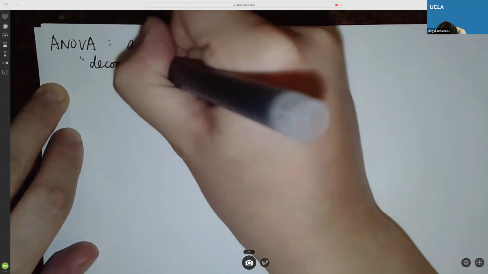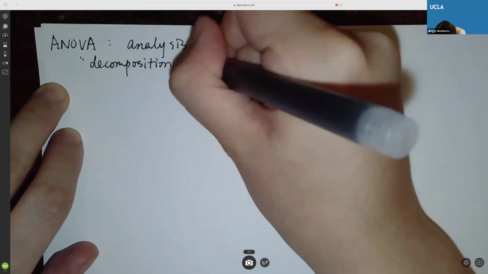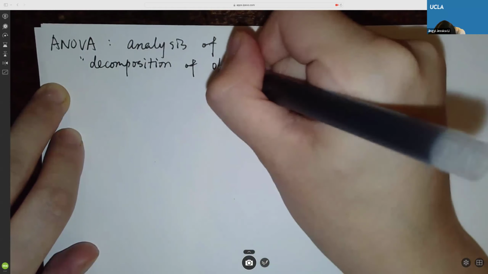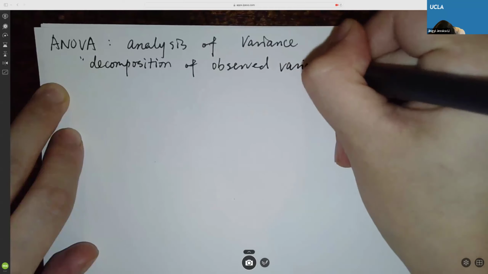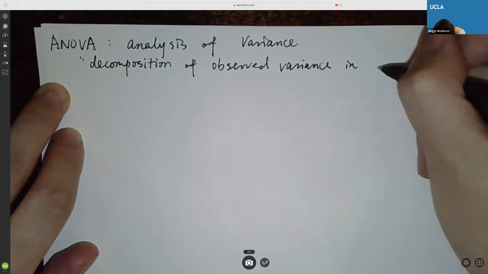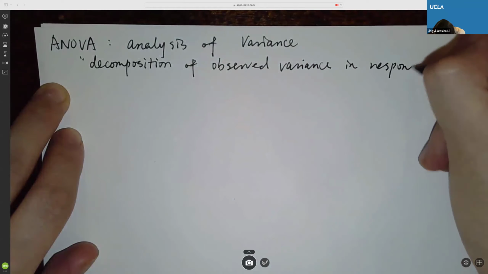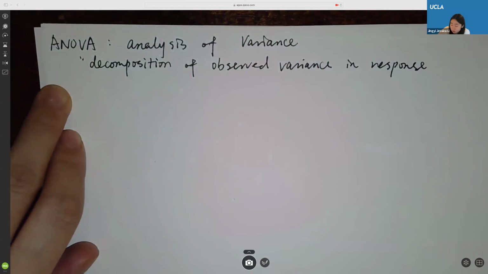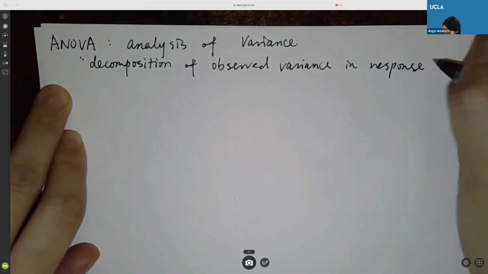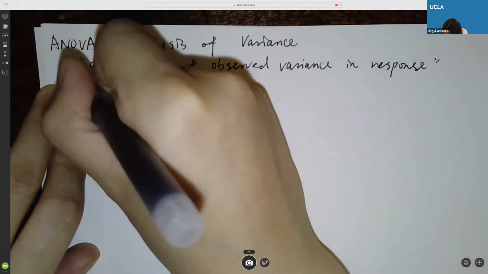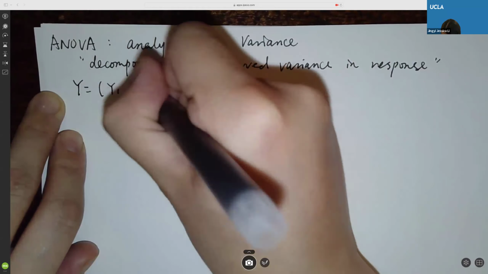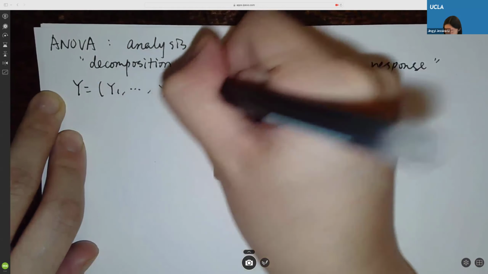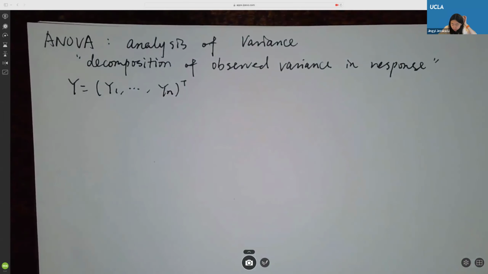Decomposition of observed variance in response. And our response is written as y, right? So recall that our y is this vector y1 to yn, an n-dimensional vector.